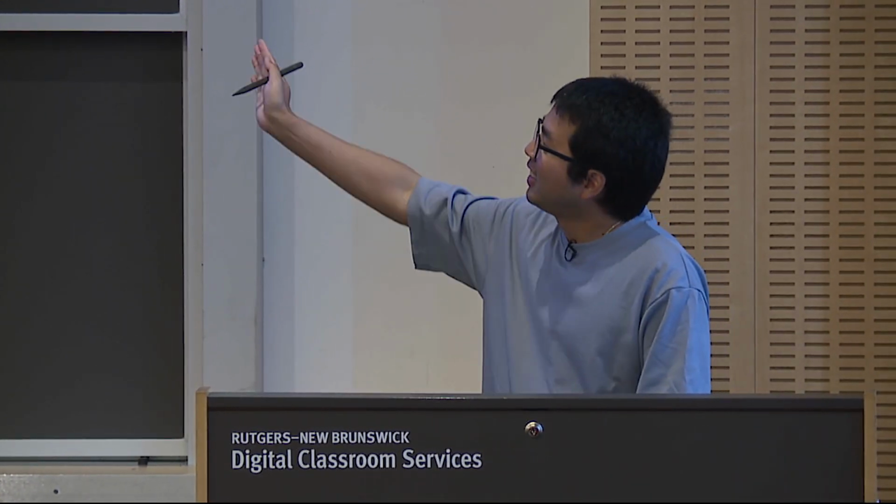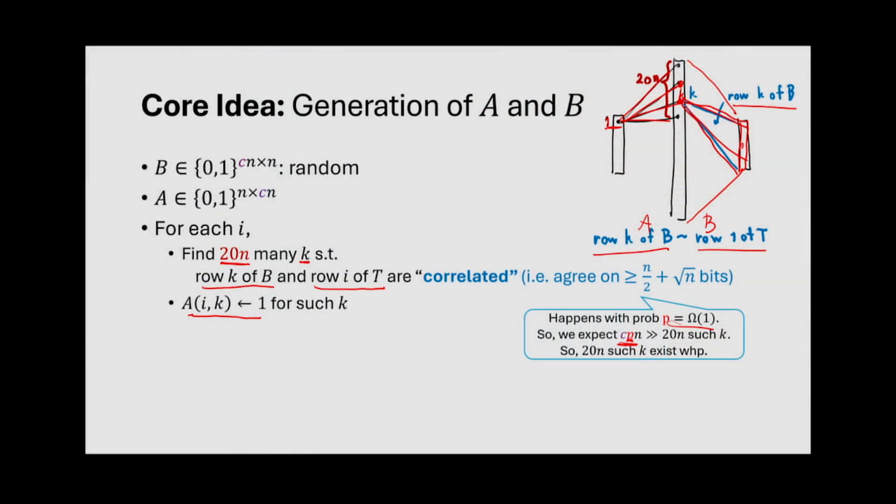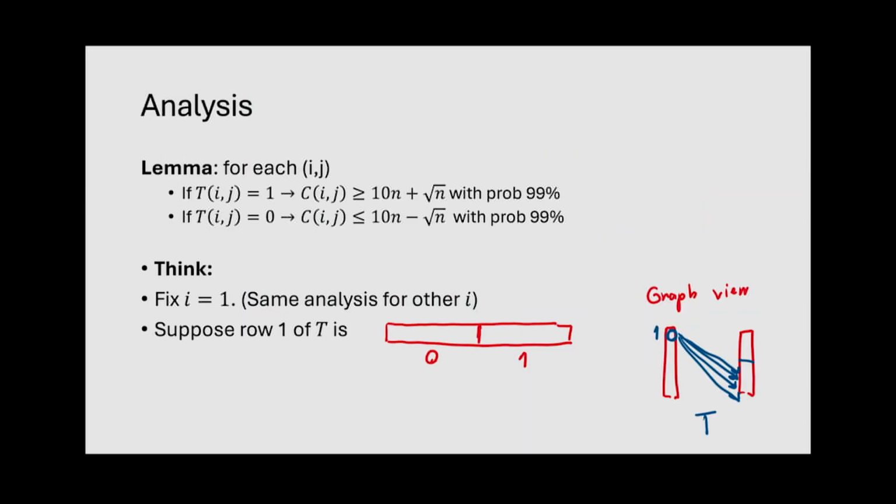Okay. That's the construction. And now let's analyze it. We want to say that if an entry of T is big, then that entry of C is big too, with good probability. And to analyze this, let's just think of I as 1.